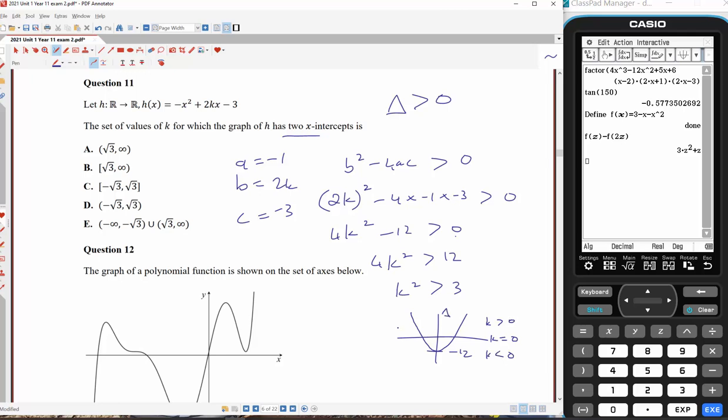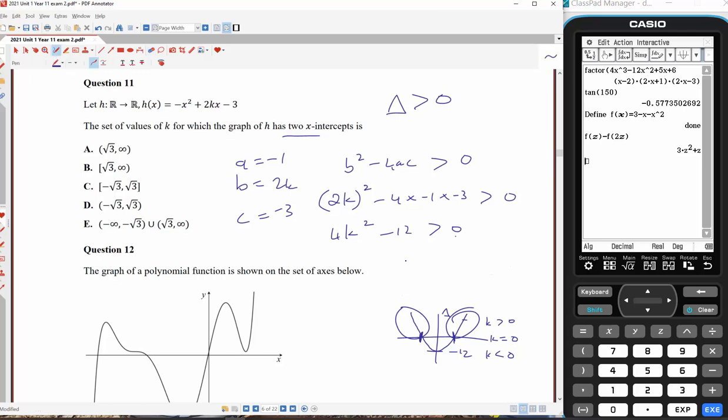And this, remember, is the discriminant here. So what we're after is when it's greater than, that's these parts here. What's the x-intercepts going to be? Well, it's k squared greater than 3, k greater than... actually, this is tricky because I can't say greater than because it's not true. So I'm going to get rid of this.